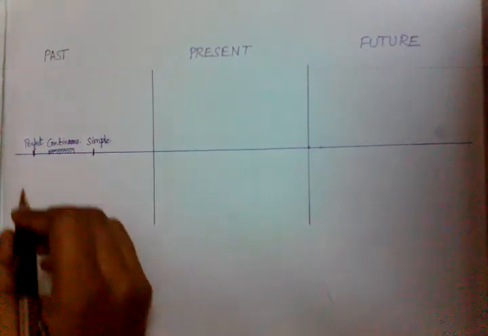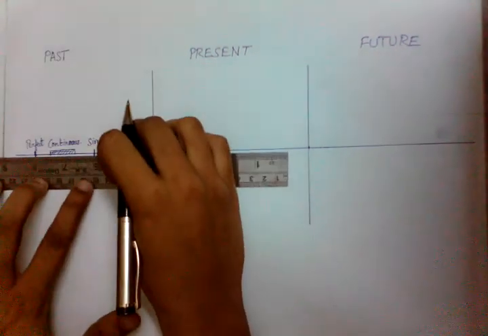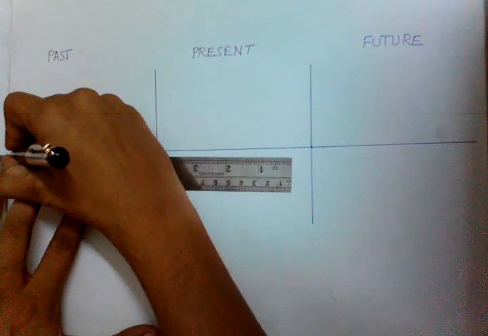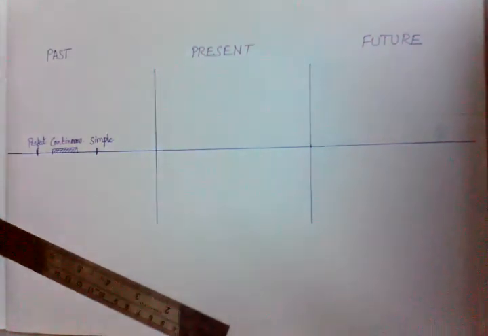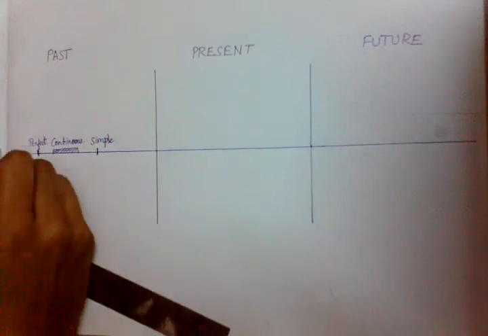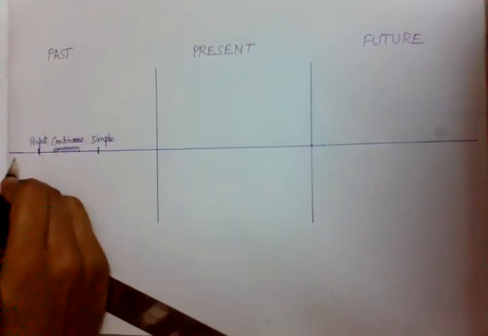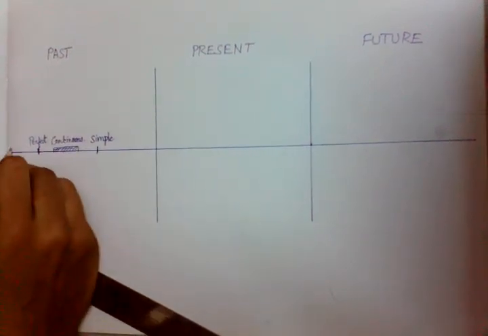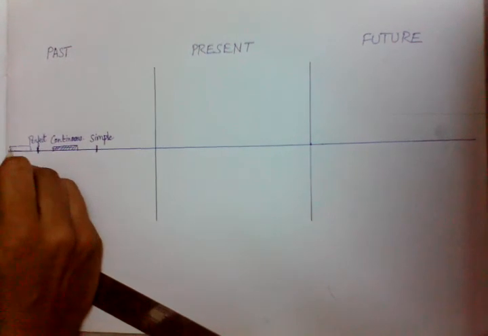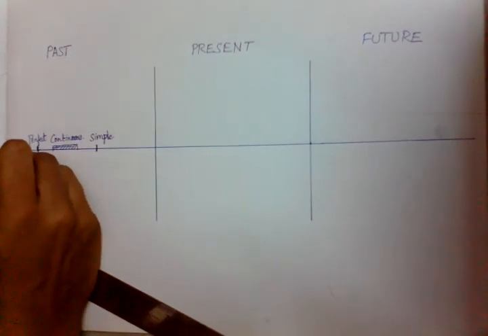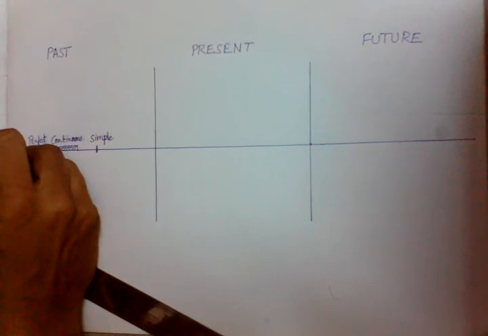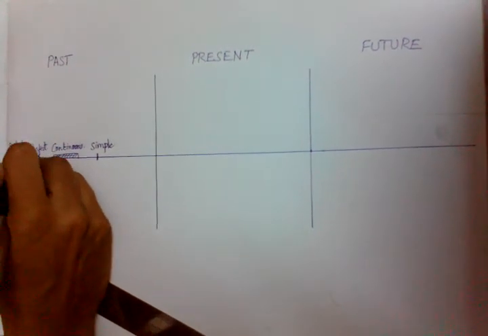So now to mark this here, I just need to extend this a little bit. So now it's a duration again, just like the continuous tense. So I can put it anywhere before the continuous tense. So let me mark it from here till here and shade it and call it the past perfect continuous tense.